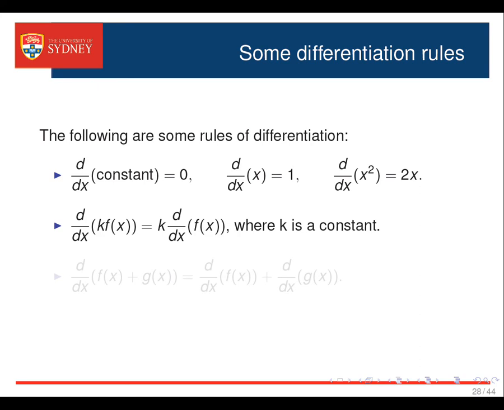The differentiation of a function multiplied by a constant is the same as the differentiation of the function and then multiplying the result of that differentiation by that constant. When differentiating a function plus another function, this is the same as the sum of the derivatives of each function. This means that you can differentiate term by term.